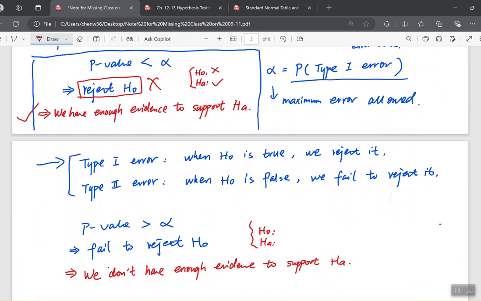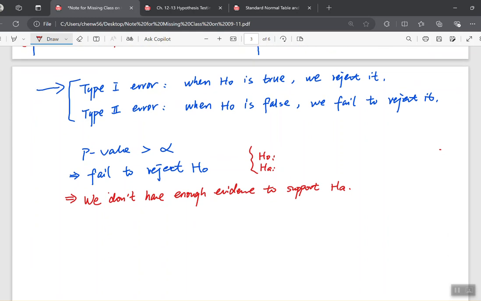But for the other one, we don't have enough evidence to support the alternative hypothesis. It doesn't mean the null hypothesis is true. It also doesn't mean the null hypothesis is accepted. It doesn't mean the alternative hypothesis is not true.